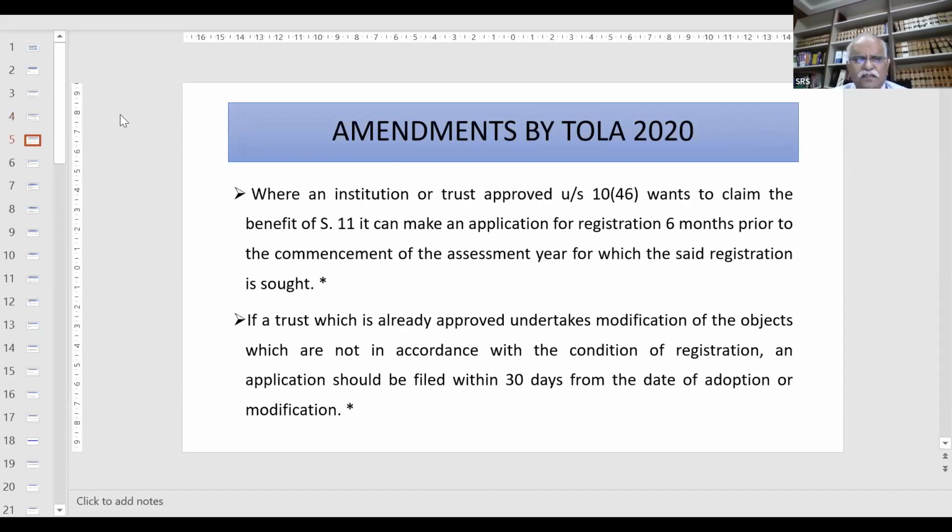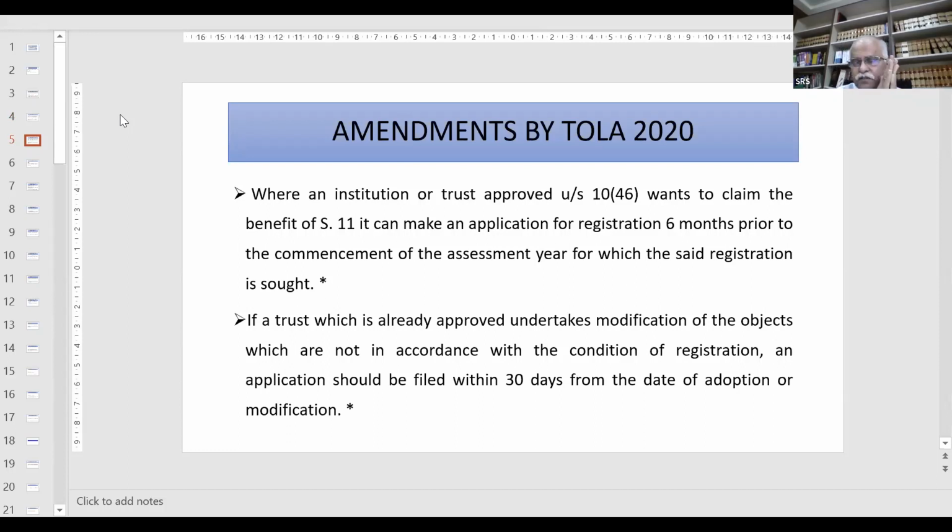Then there is another one where any institution or trust which is registered or which is granted approval by the board under section 10(46) of the Act. Today there is a prohibition from claiming exemption under section 11.